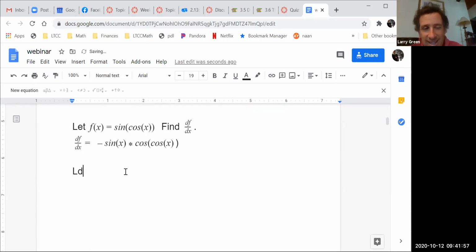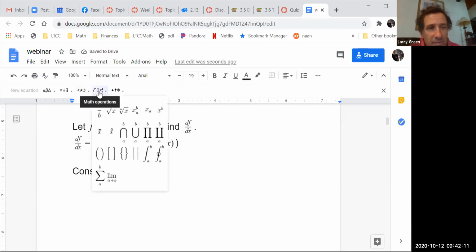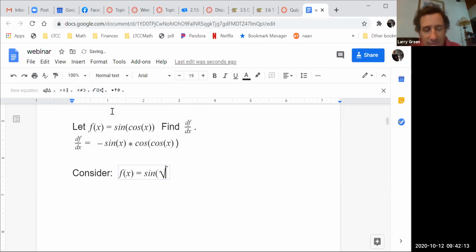So consider f of x equal the sine of the square root of 2. Find f prime of x.